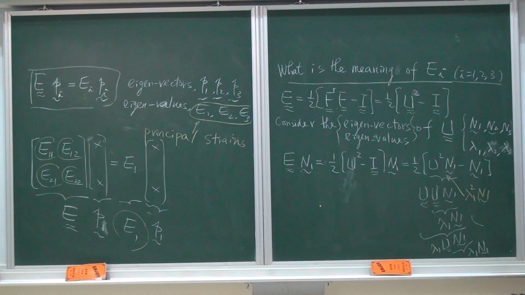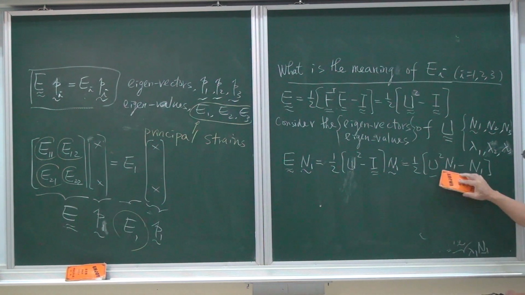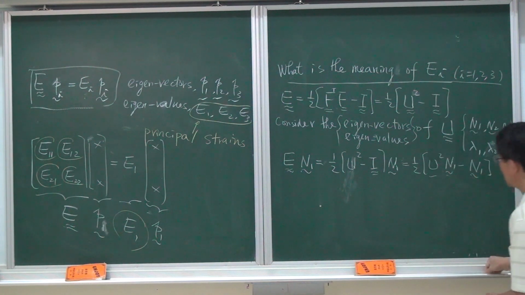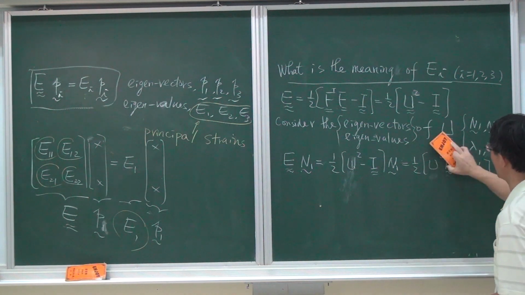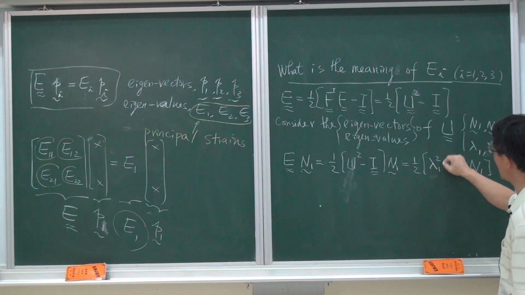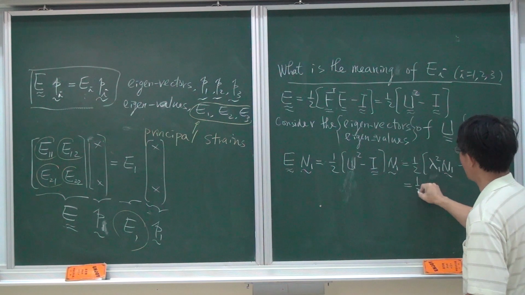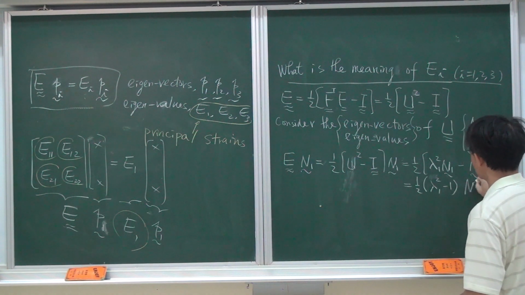Okay, let me erase it here. So we can replace this by what? By lambda 1 square N1. As a result, we have 1/2 (lambda 1 square minus 1) N1.